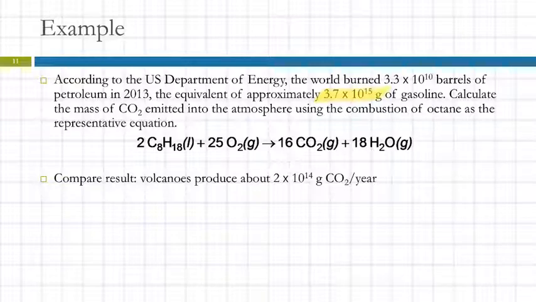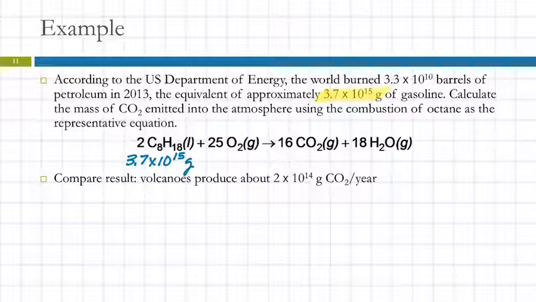And we're going to use combustion of octane to represent the combustion of gasoline. So you can see that all of this is very much estimating and approximating, right? So this much gasoline, and to simplify things, we're going to say, well, it's just octane. So that's our quantity of octane. 3.7 times 10 to the 15 grams.